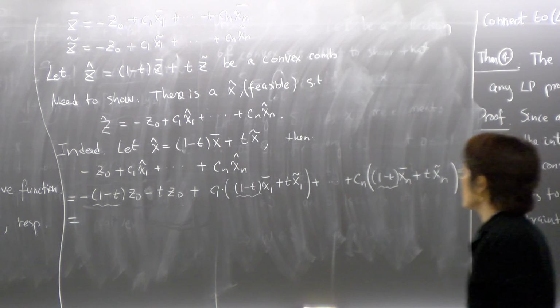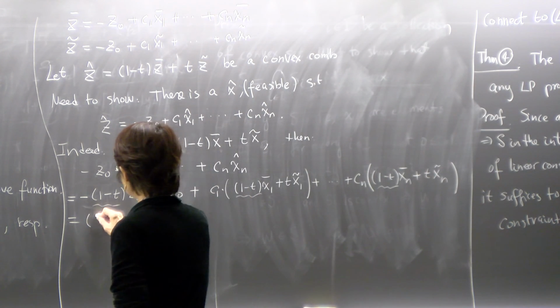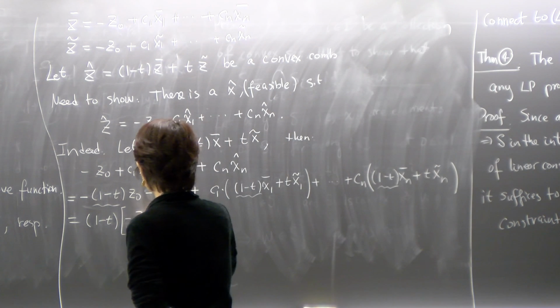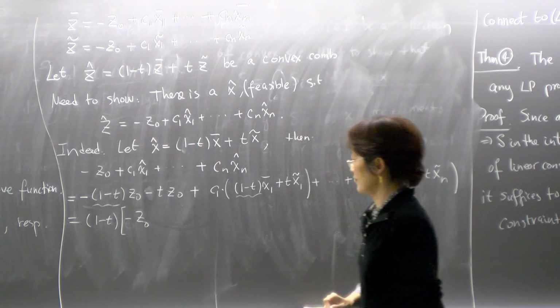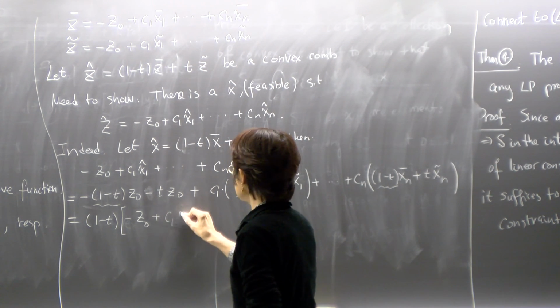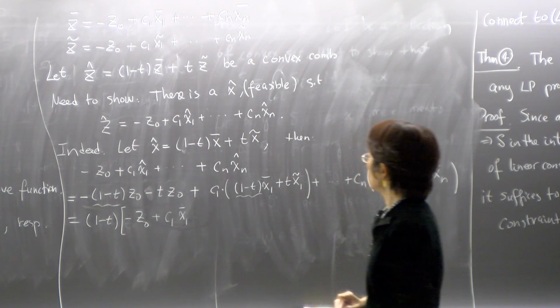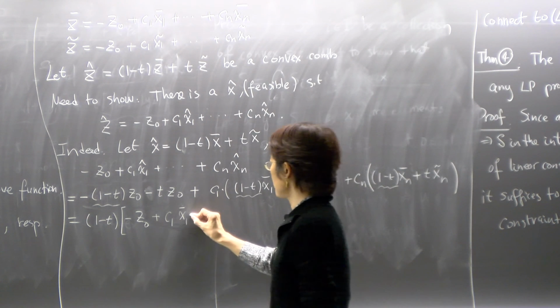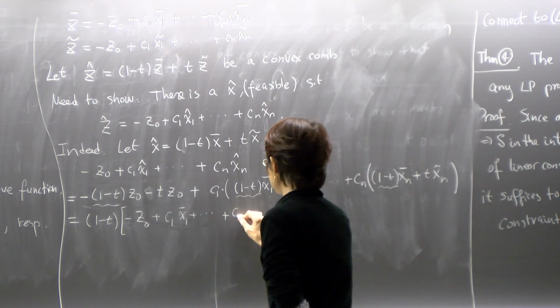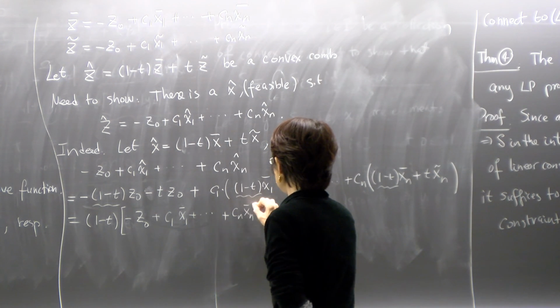If I take that out, I will have (1 minus t) times negative z0, and then plus c1 x1 bar, and then many terms until the last term, cn xn bar.